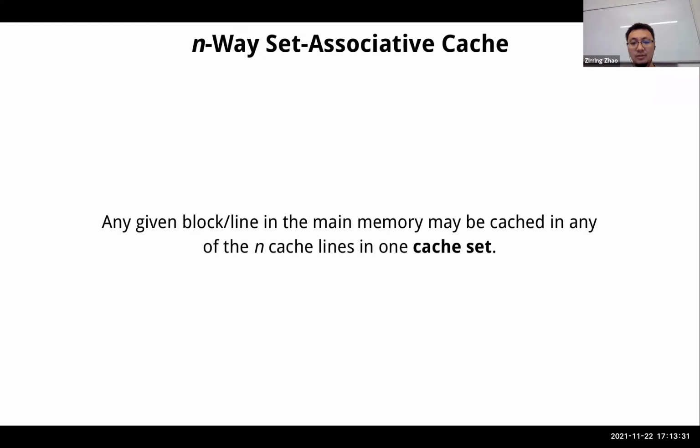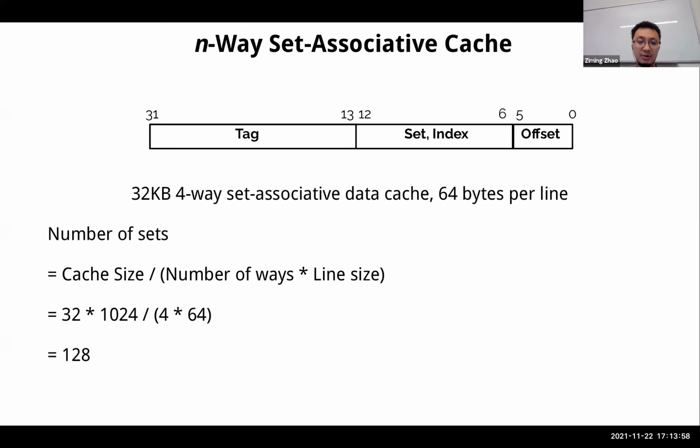But how many places it can be cached to is determined by how many ways the cache has. Here we call it N-way. So there are N different cache lines that data can go to, and those N different cache lines we call one cache set. This is a little bit confusing. I will have more animations later so you can understand what's going on.